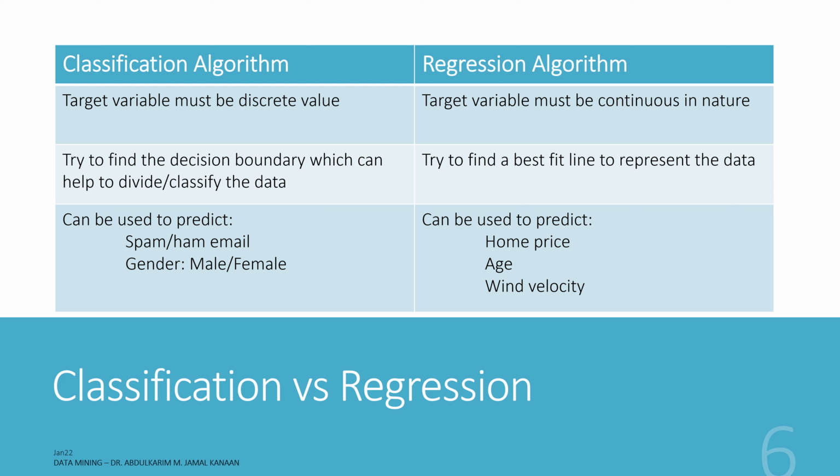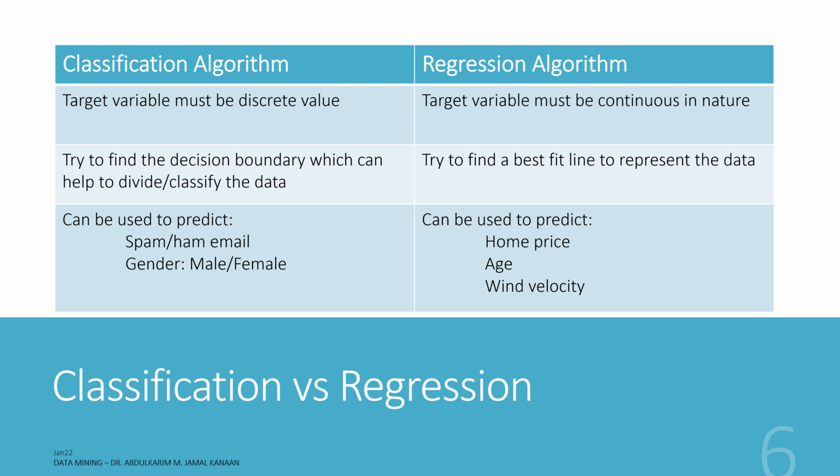So in classification, target variables must be discrete values. What you are trying to do is find the decision boundary which can help to divide, classify or distinguish between different labels, or between different discrete values.